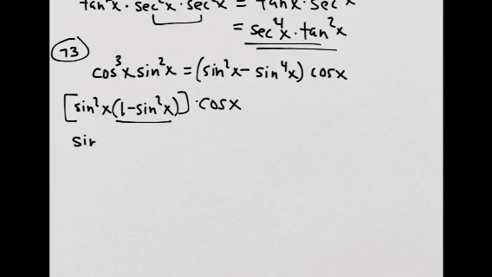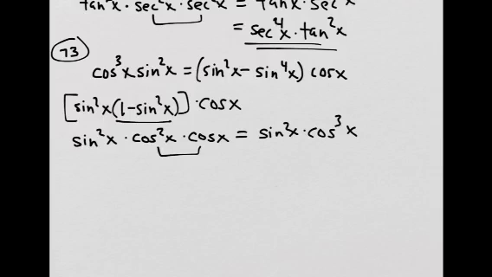So I bring down the sine squared x times cosine squared x. And on the outside I've got cosine x. Multiply those together. Sine squared x times cosine cubed x. And then just switch them so it looks exactly the same. So cosine cubed x times sine squared x. And that's it.